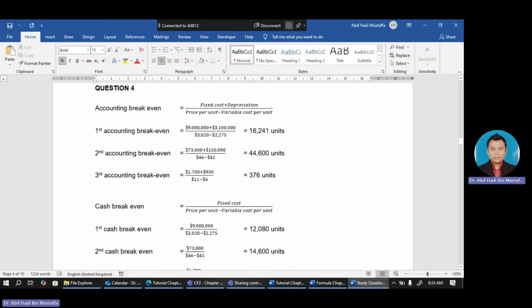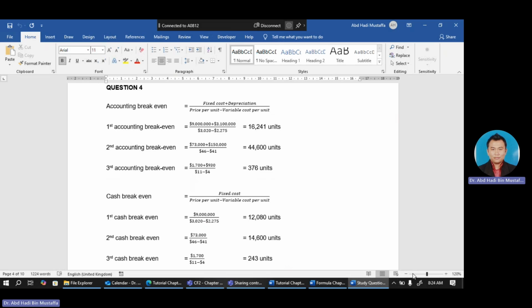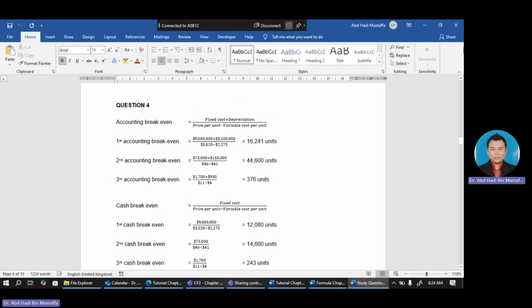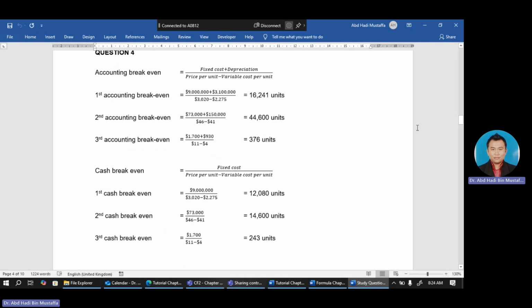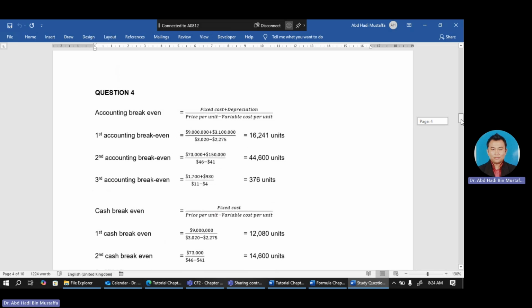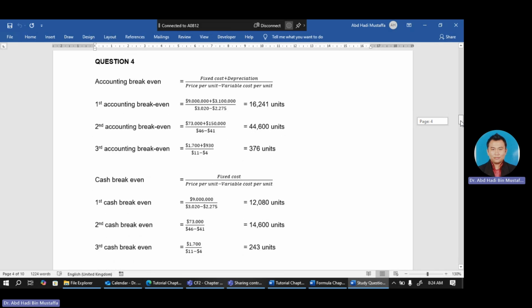You can snap this picture. So this is how I use it. We have 3 sets, so you just use the same formula, but get different answers because of the different levels.